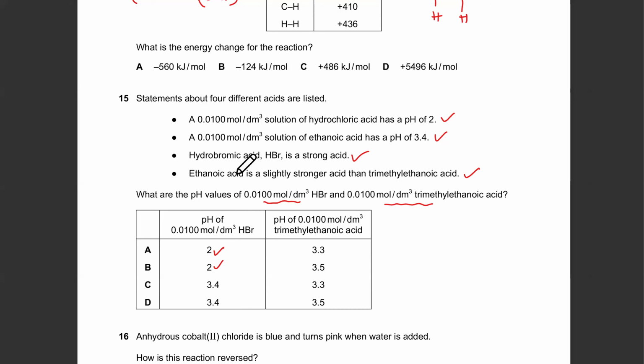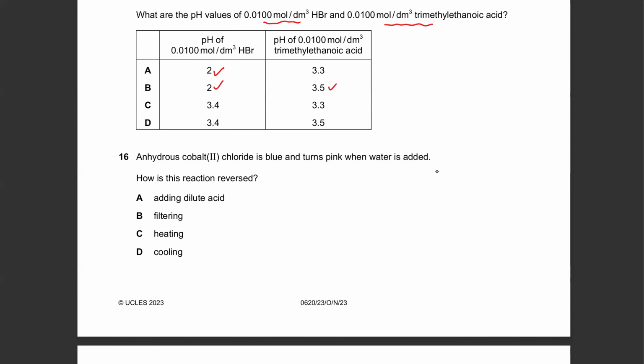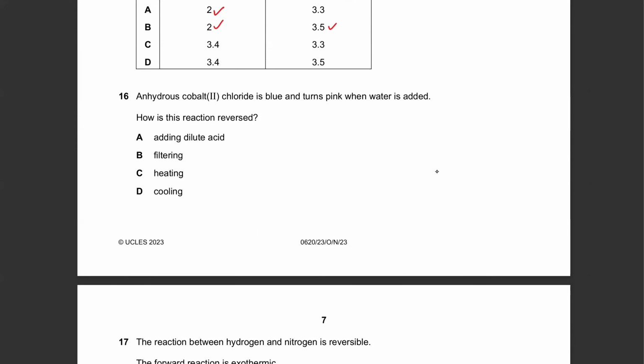He says that ethanoic acid is slightly stronger, so this is a weaker acid, right? So this one is 3.5. Weaker means the pH will be closer to 7, right? So that's B.